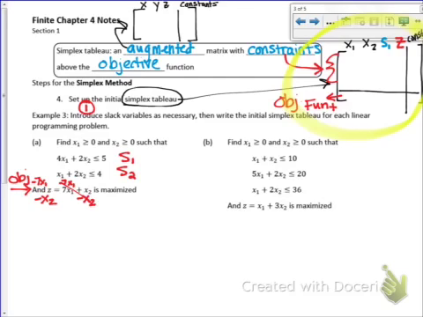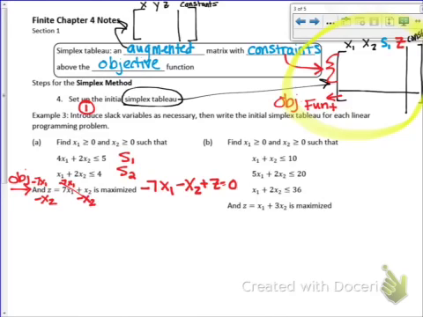So really my objective function should look like negative 7x1 minus x2 plus z equals 0. And we're going to come back to that. But first, let's add in our slack variables.